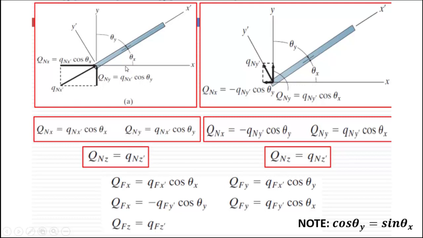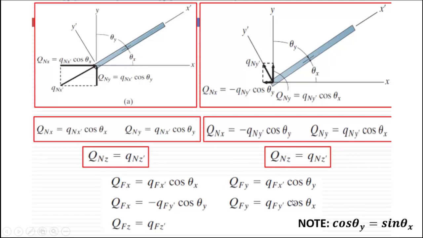Now you see here, it's just a matter of using these angles and getting its components, so that's cosine. I also want you to notice that the derivation this author uses accounts for theta x and theta y. But for our class, we just use theta x, right?